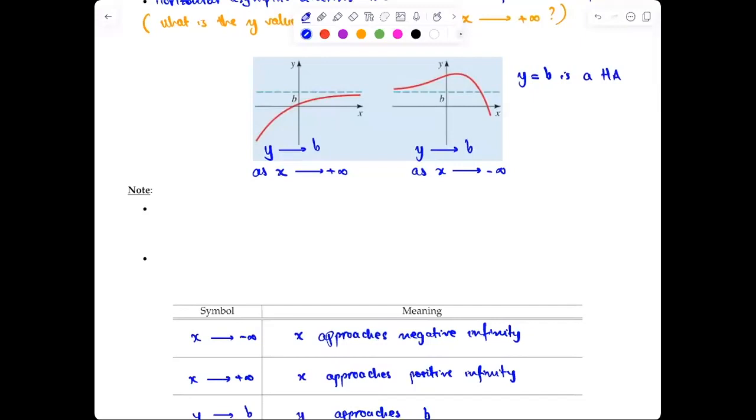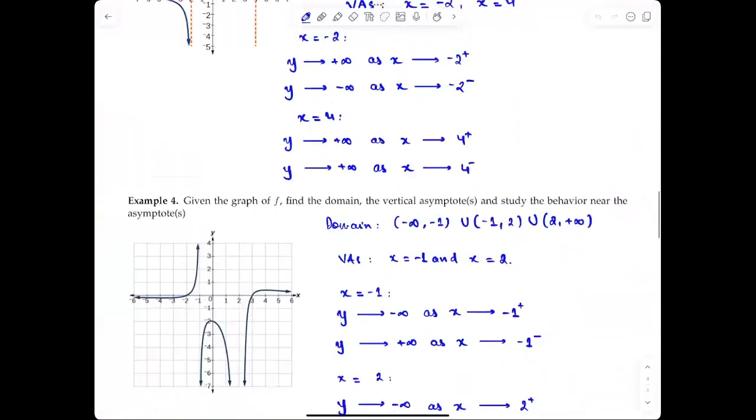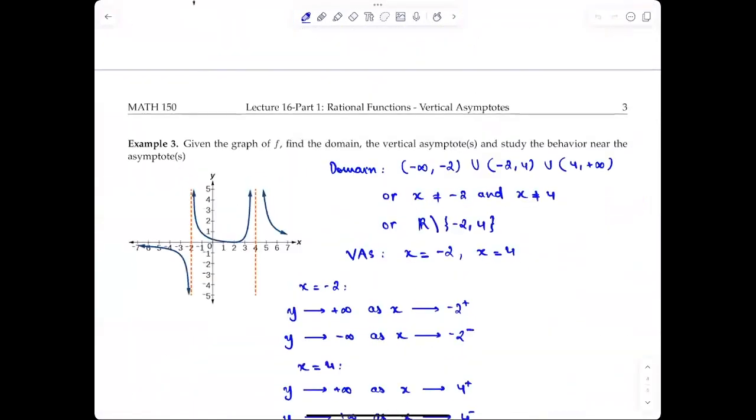However, when you go back to the previous lecture on vertical asymptotes, the graph cannot cross or touch the vertical asymptote at all.